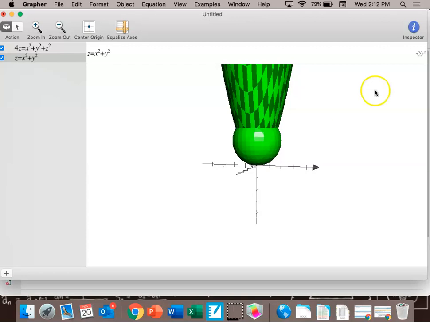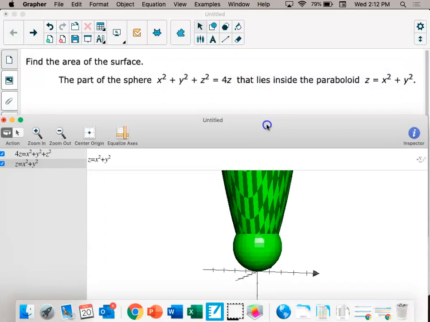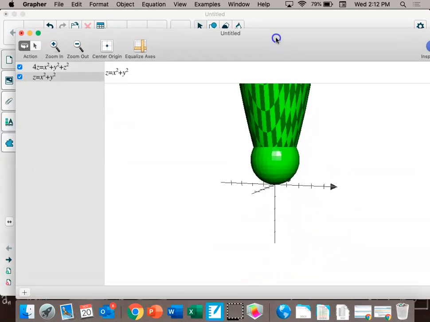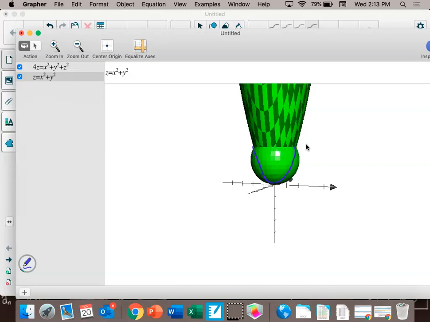If you can envision, we want the part of the sphere that's inside of this paraboloid. What you're going to have is this shape that is a paraboloid for this part and then a sphere top.